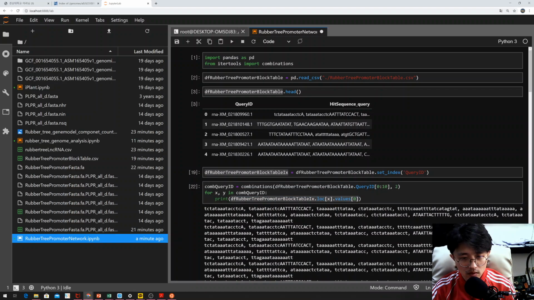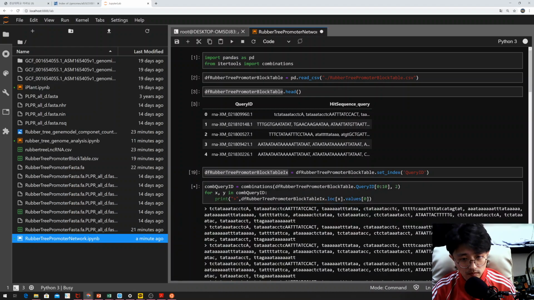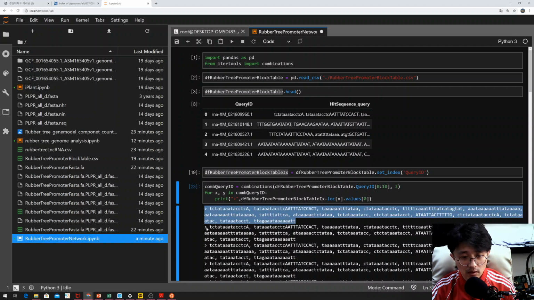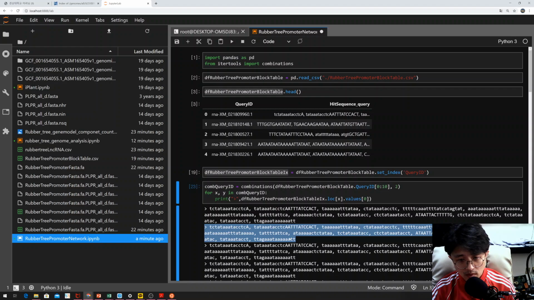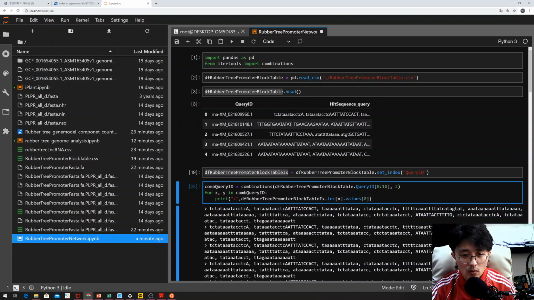So it gives you in this way: one iteration gives you back this one, and the other iteration gives you back this one. And I will check whether x of these blocks and y of this block share anything or not.